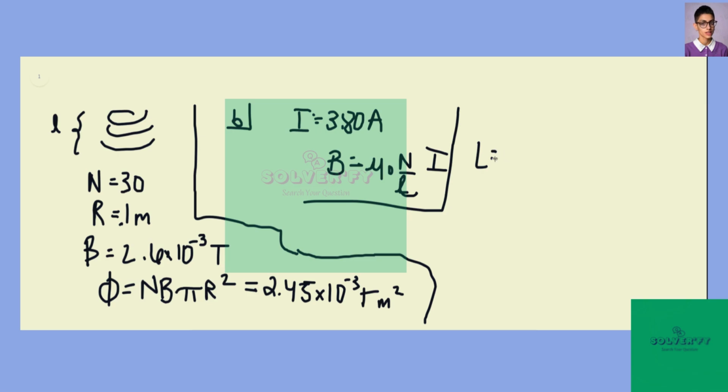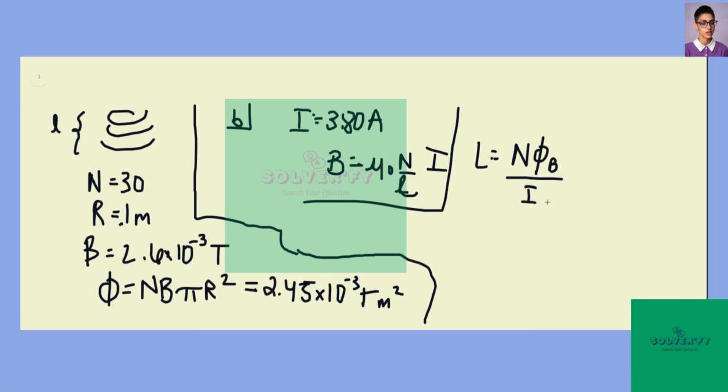So we know that inductance is equal to, the book gives the formula, N times the flux, so the magnetic flux linkage, divided by the current. And so I guess we actually know this.